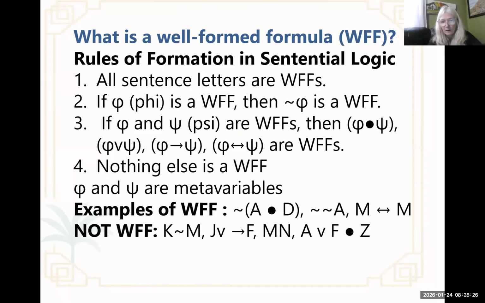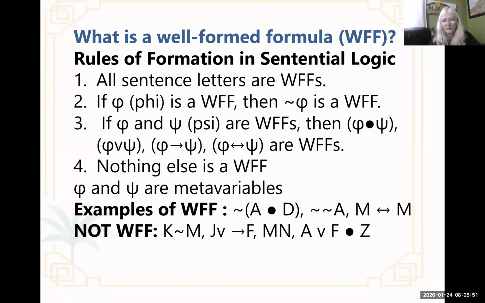Next, if phi and psi are well-formed formulas, then phi and psi together with the dot, phi or psi together, phi then psi, or phi if and only if psi are well-formed formulas too. And rule 4, nothing else is a well-formed formula. So that closes out all and only what we'll be using when we represent.